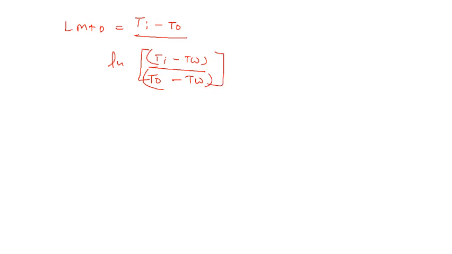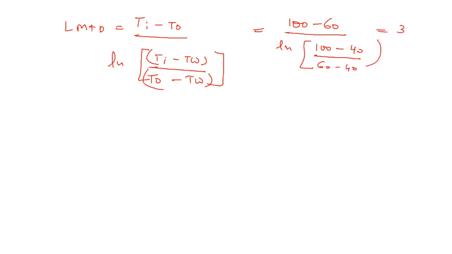On substitution, we get 100 minus 60 divided by ln of 100 minus 40 divided by 60 minus 40, and this value turns out to be 36.41.